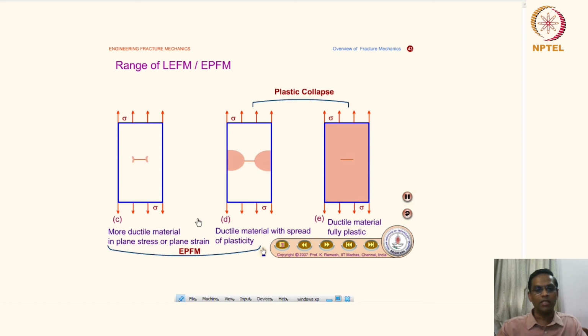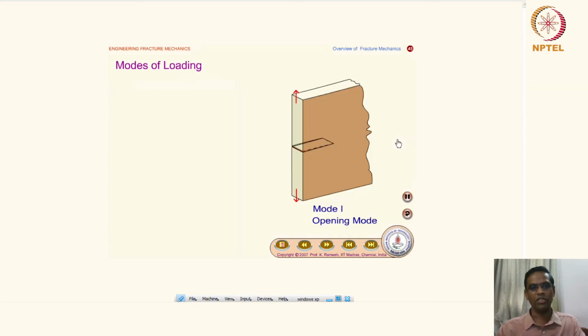And in such a situation, the EPFM is highly useful. Okay, but the extreme cases, for example, the ductile material which is fully plastic, that means the plastic zone has completely occupied the entire specimen, then it is explained only by plastic collapse. Okay, none of these theories will be useful in that kind of a situation.